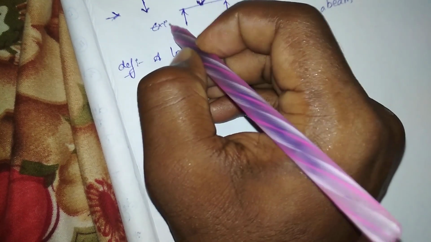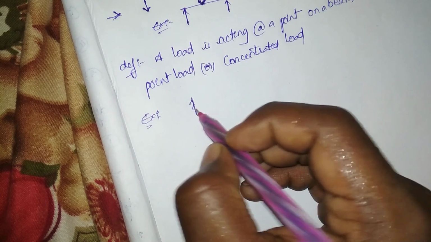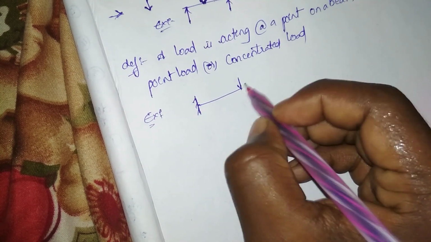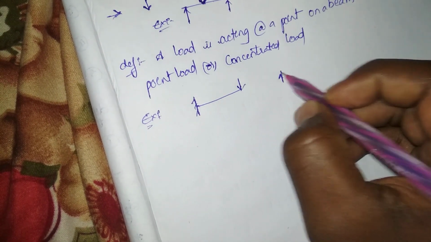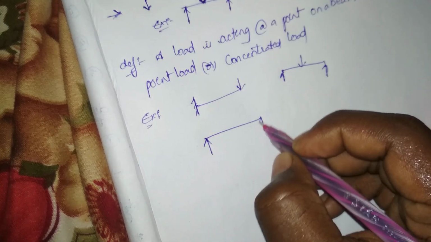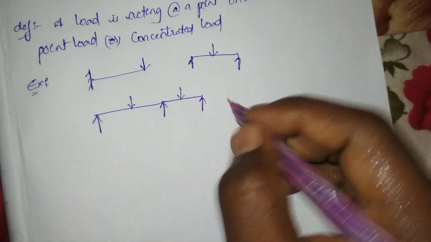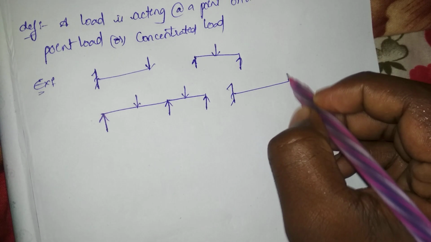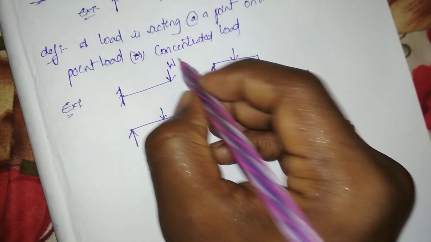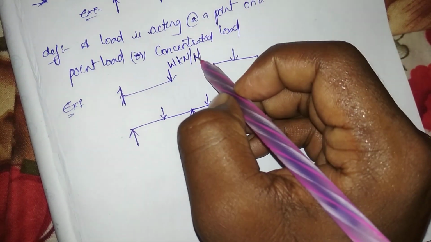This is an example, or another example we can take about the cantilever beam. This is a simply supported beam, continuous beam, fixed beam. These units are kilonewtons or newtons. This can be according to the given question.